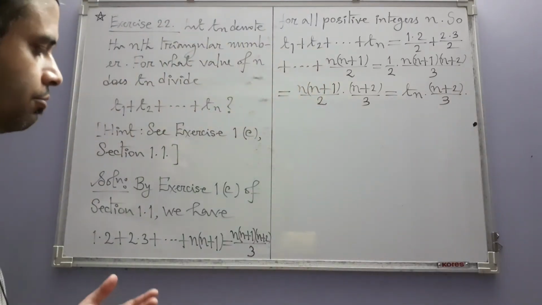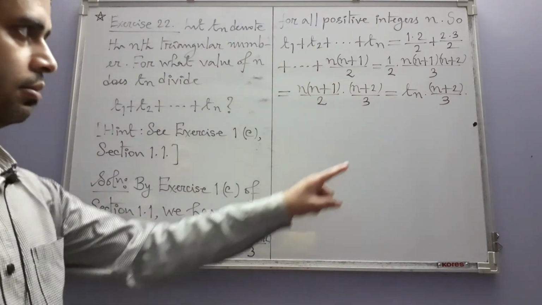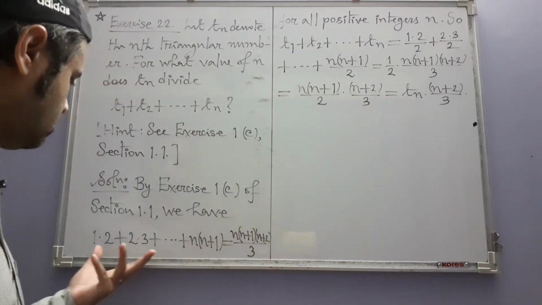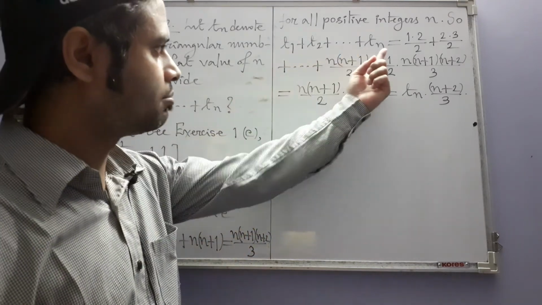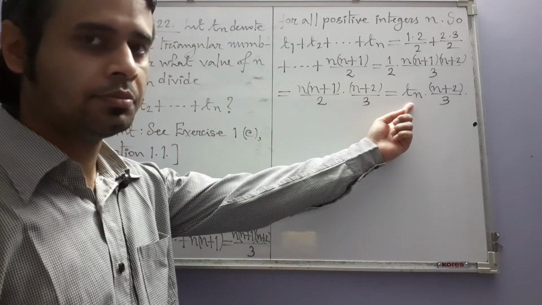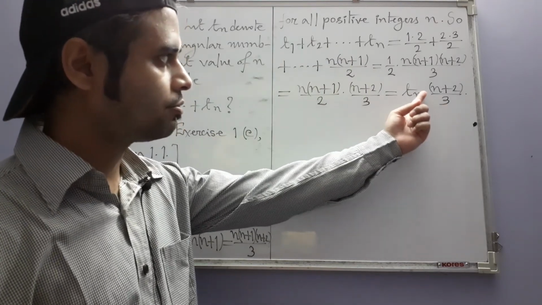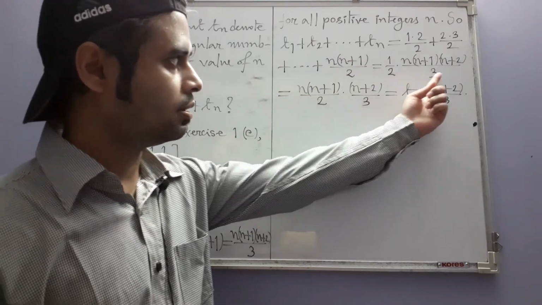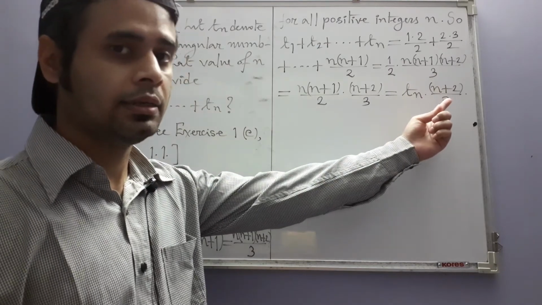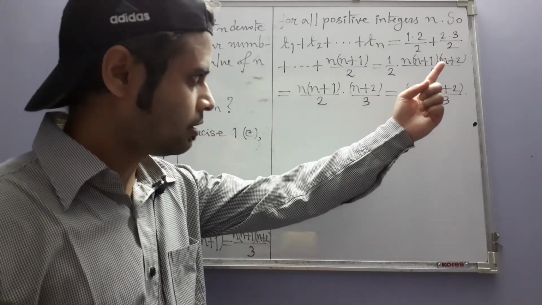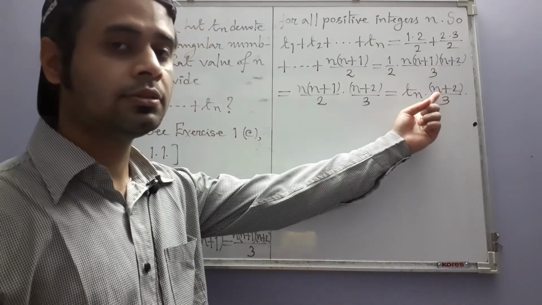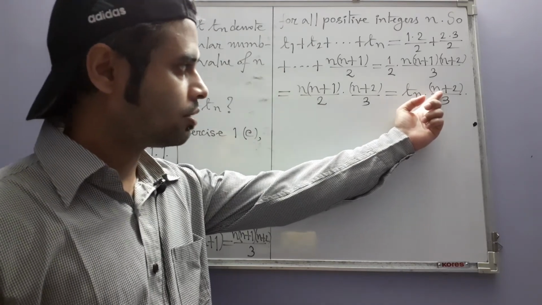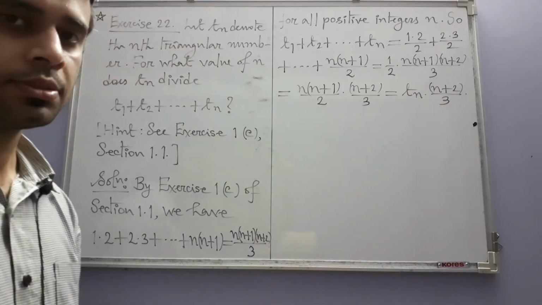Now we want to figure out those n that will make this sum divisible by tn. So that means we are trying to find those n for which this portion is an integer, and that amounts to finding those n for which n plus 2 is divisible by 3.